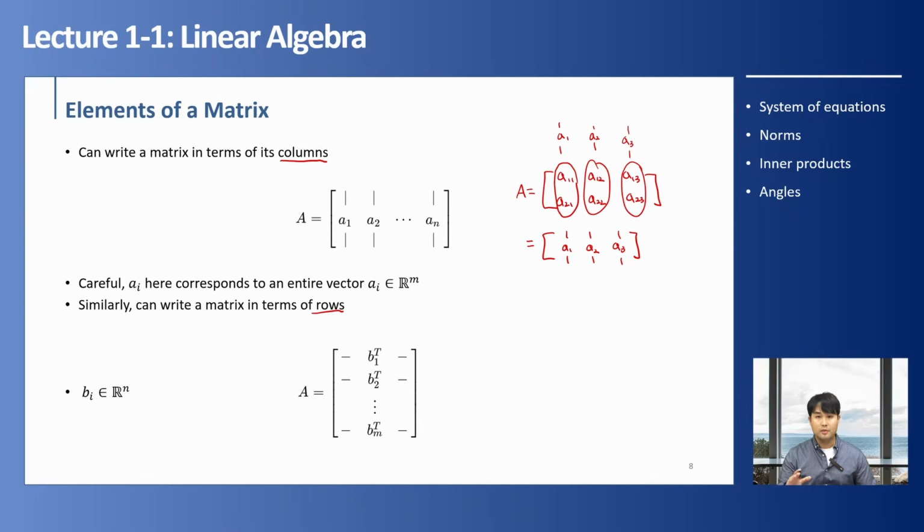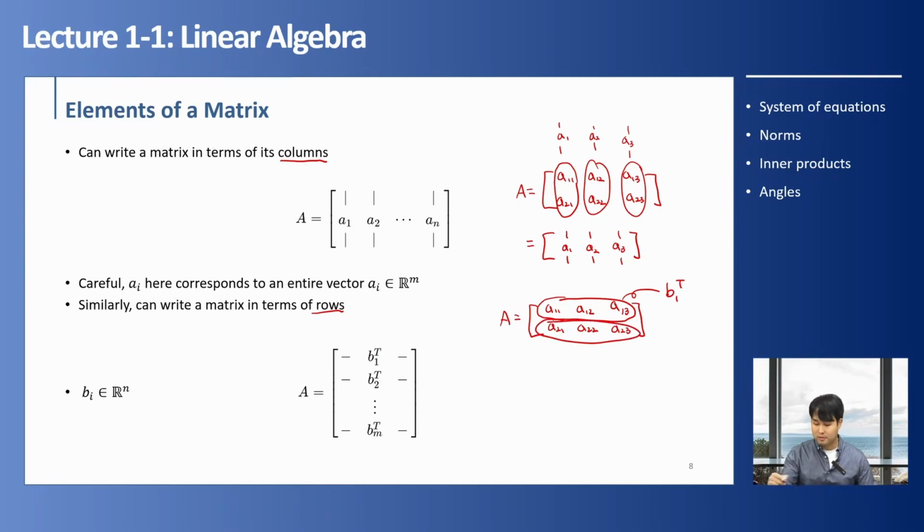The second way to represent this matrix is to view it in terms of its rows. So this time, if we have the same matrix, we look at each row independently as a transposed vector, which I'll be denoting as B1 transposed.